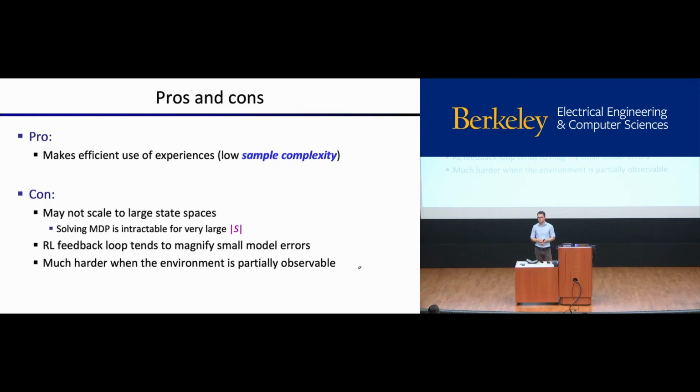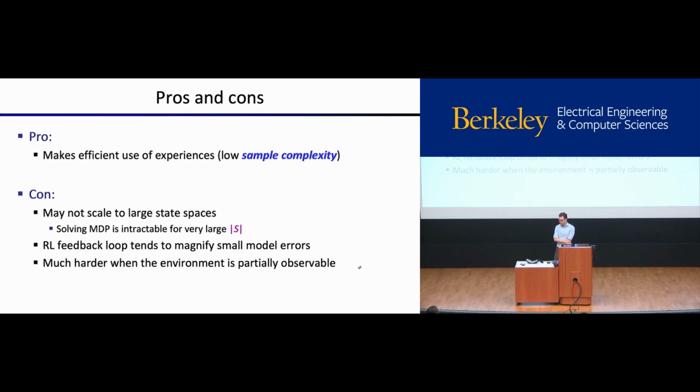Say you're designing a rocket: you build a simulation of that rocket, you learn how to get it to work in simulation, and then when you put it in the real world, you don't need as many failed launch attempts because you were trying stuff out in your simulator before you launch the rocket. So you can make really efficient use of your experiences this way.